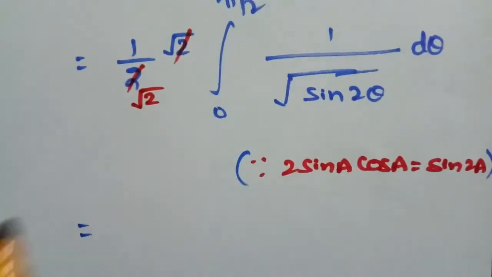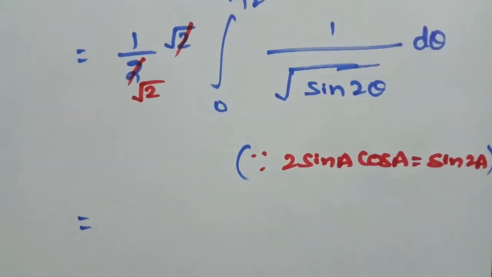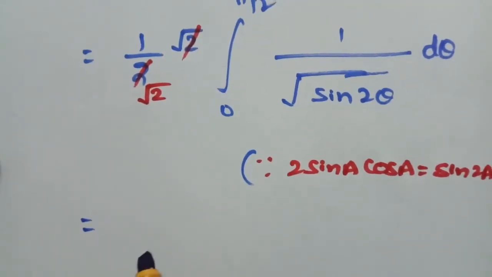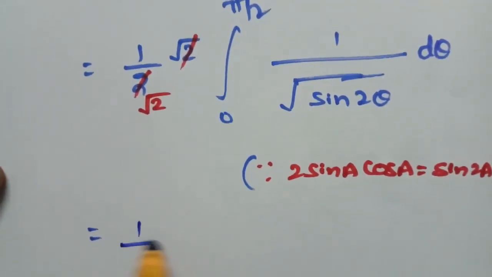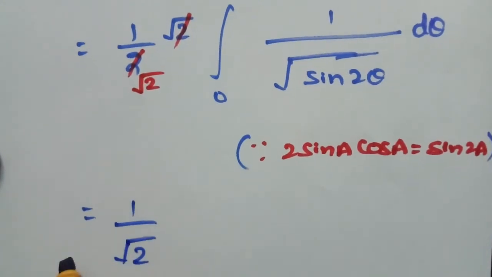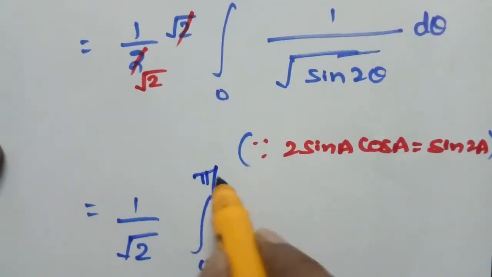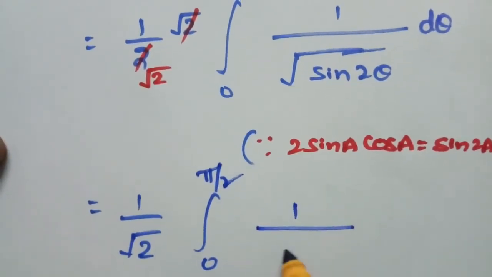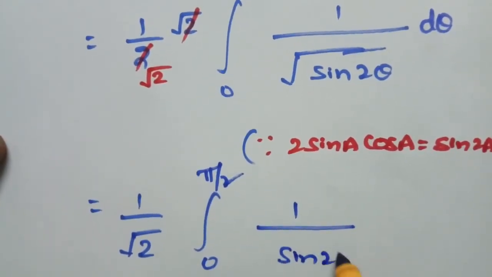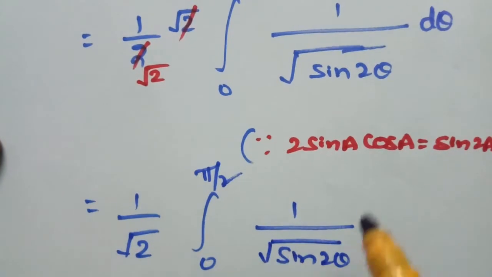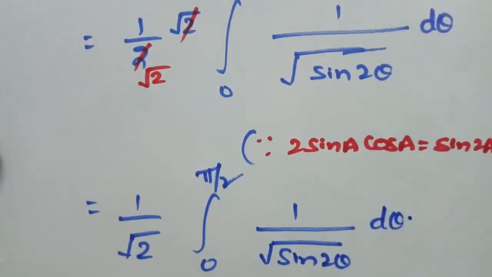The remaining factor is a square root of 2 here. So this is equal to 1 by root 2 into integral 0 to pi by 2, 1 by root of sin 2 theta d theta.